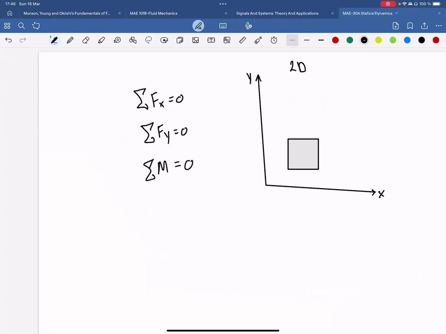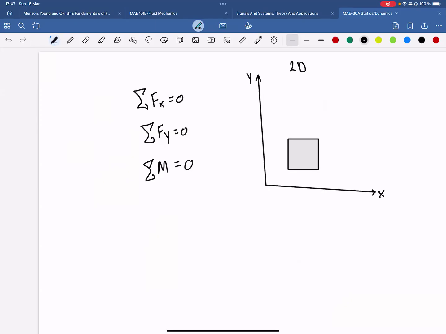What does the moment around a point in a 2D rigid body problem mean? If you use the right-hand rule, you take the direction of the force and curve it to the direction of the vector that contains the point and the line of action of the force, at a 90-degree angle.